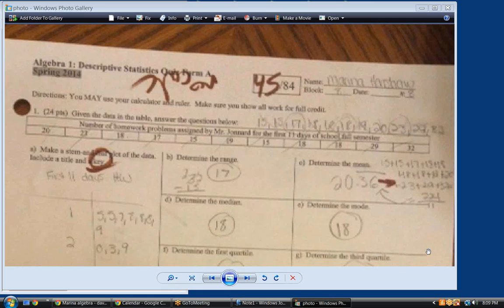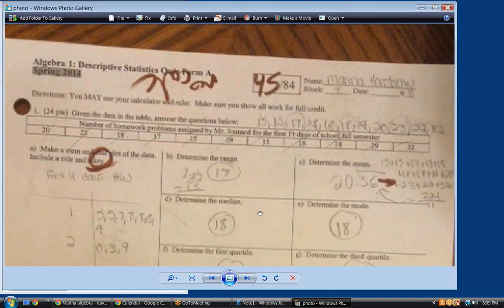Okay, I got these two documents that your mom sent over. Is this where we should start? This one here? Yes. Okay. Let's see.